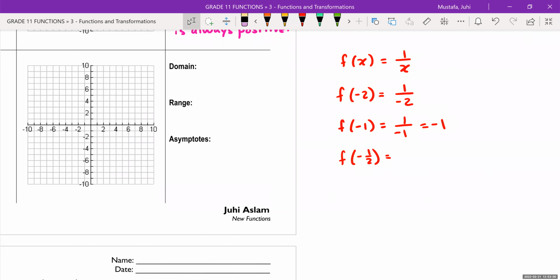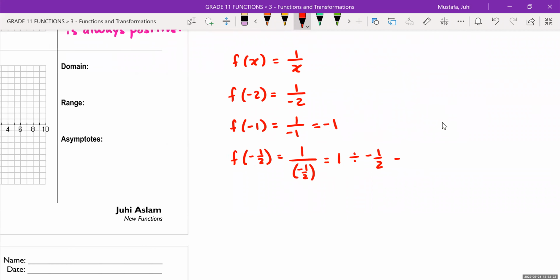You have to be careful with this one. This is like saying 1 divided by -1/2. Okay, so take a look at this one. You have 1 over -1/2. You have a number divided by a fraction, which means this is kind of like writing it as 1 divided by -1/2.